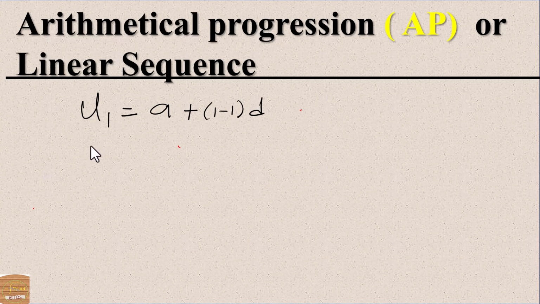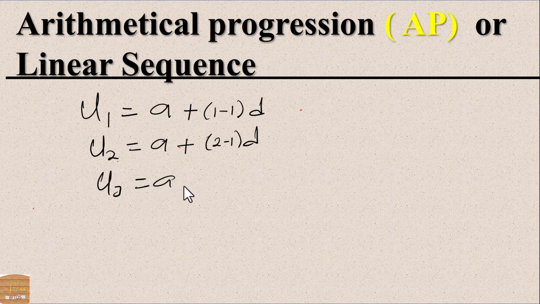U2 will be the first term plus 2 minus 1 times the common difference. U3 will be A plus 3 minus 1. So let's look at the first one. 1 minus 1 is 0, 0 times D is 0. So U1 is still A. That's why U1 is equal to A, the first term.